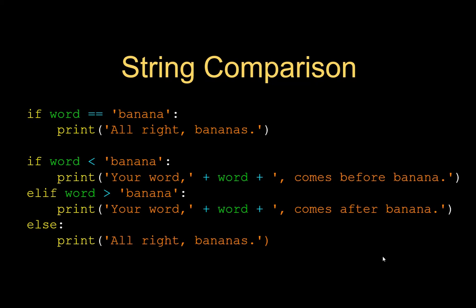Okay, so here we talk about comparison. Basically we're going to talk about double equal sign, less than equal sign, and greater than equal sign. So in this case basically what we do is we check if our string is lexicographically higher, lower, or equal to another string.